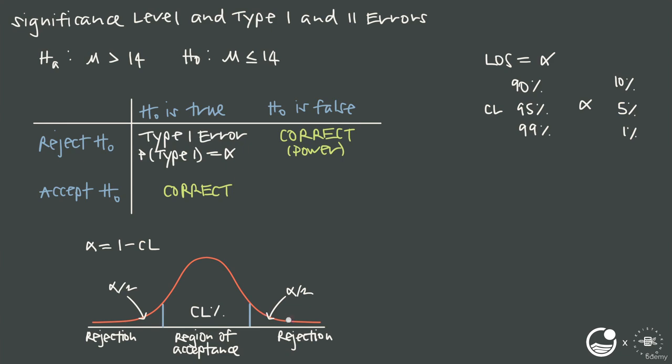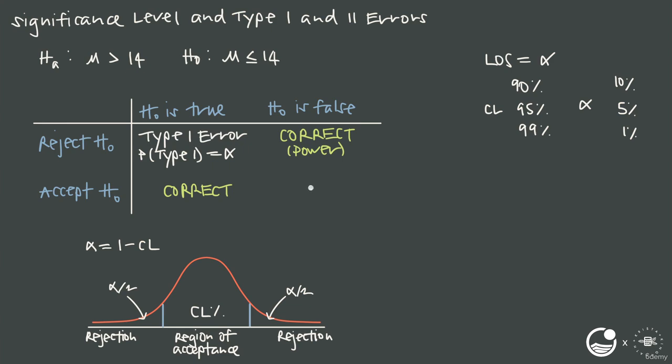That means that our region of rejection gets smaller, so we are less likely to end up with a z-score or a t-score that's actually in one of these regions of rejection. We're more likely to wind up in the region of acceptance. And so as this alpha value decreases, or as this confidence level grows, we are less likely to reject the null, which means we are less likely to make a type 1 error.